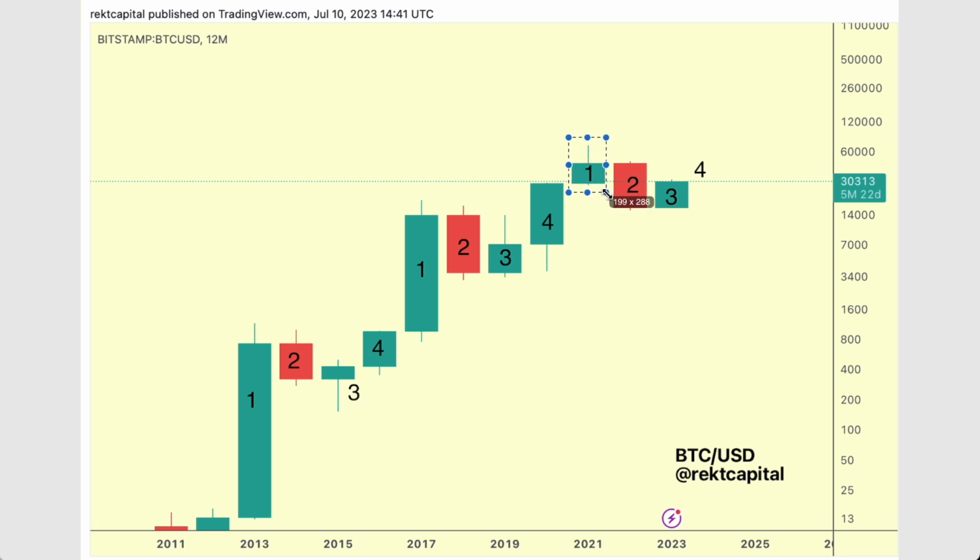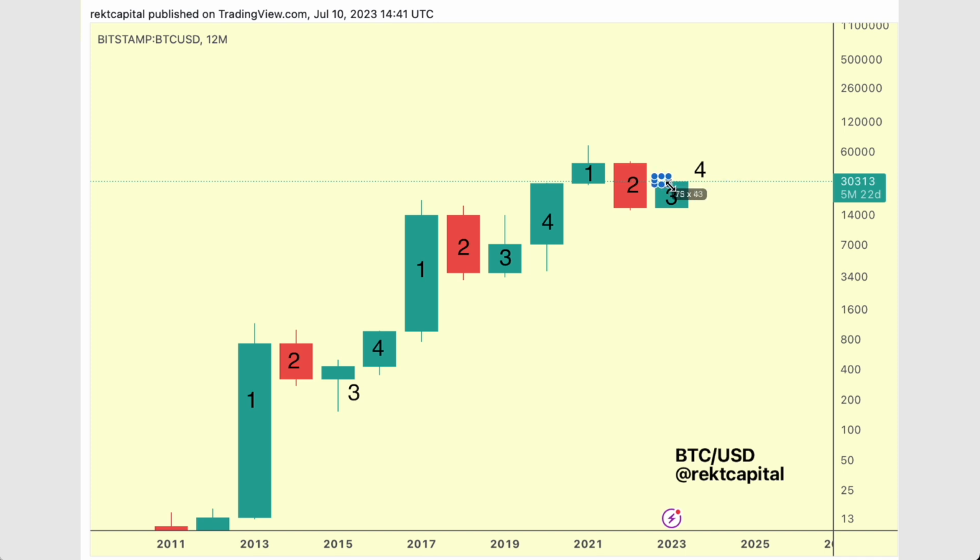And then, of course, candle 1 being that bull market year where we see the peak of the bull market occur, peak over-exuberance, peak euphoria, and that's going to be in 2025. And that's something to look forward to.